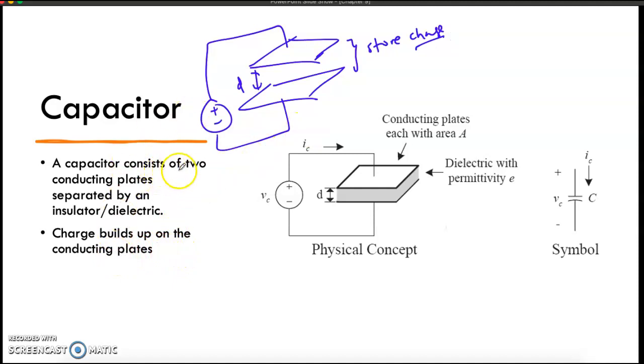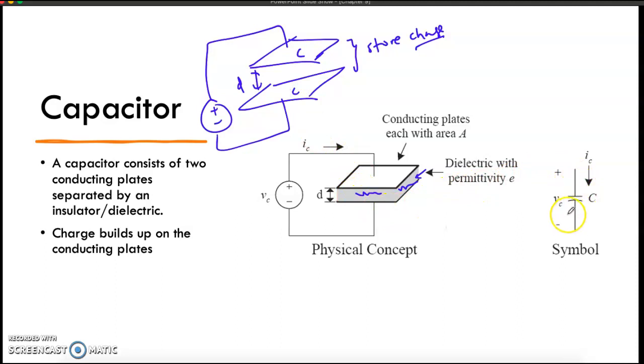The capacitor consists of two conducting plates separated by an insulator. In the middle is an insulator, so the distance plays a role. The above and below plates need to be conductive.